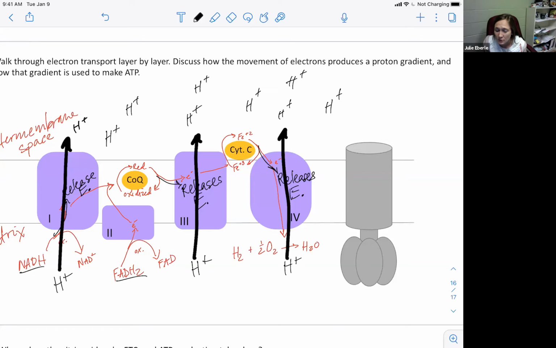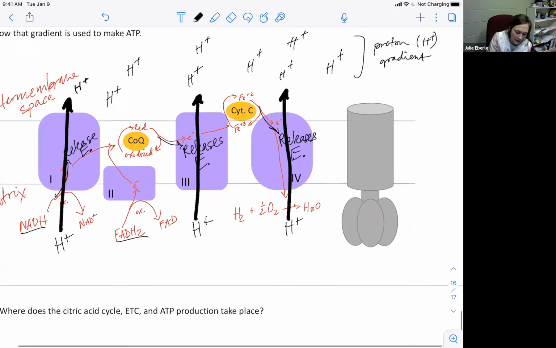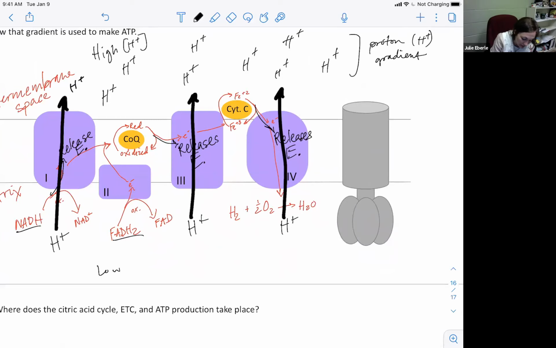ATP requires a lot of energy. When I say gradient, what I really mean is that you have a high concentration of hydrogen ions on this side, and we have a very low concentration in comparison of hydrogen ions on this side.